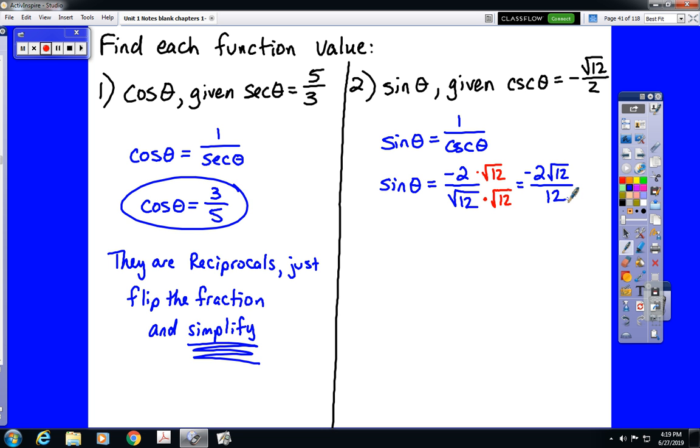Now, root 12 is not simplified. Root 12 can be written as root 4 root 3, or 2 root 3. So that is negative 2 times 2 root 3 over 12, which is negative 4 root 3 over 12.